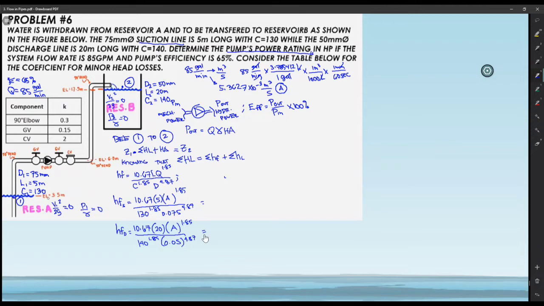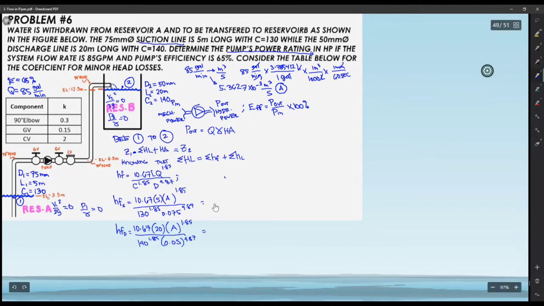That is 10.67 times 5 times alpha raised to 1.85. So, divided by the quantity of 130 raised to 1.85 times 0.075 raised to 4.87.